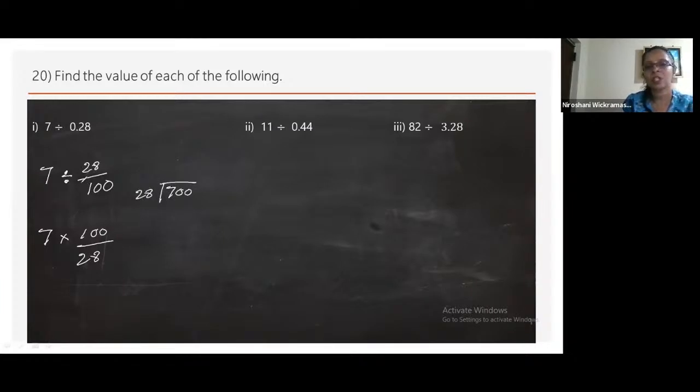Shall I tell you an easy method? Here I have 2 decimal places. Multiply this one by 100, and this one also by 100. Then 700 divided by 28.